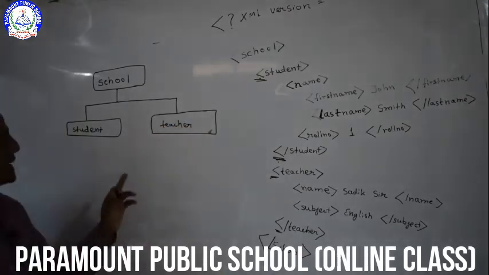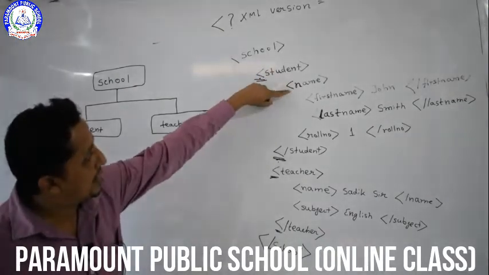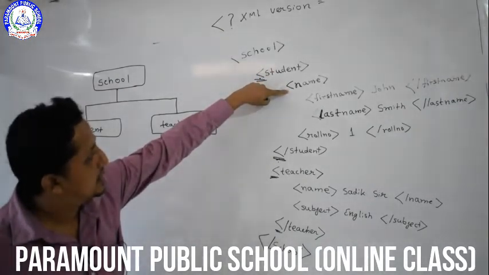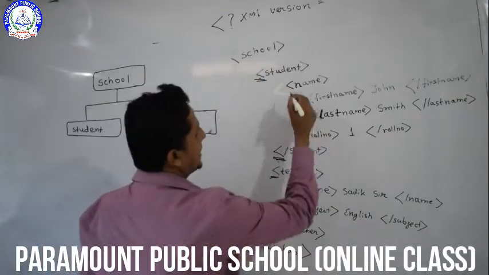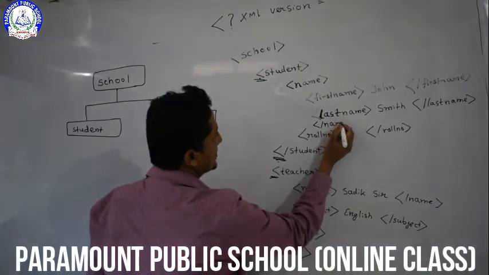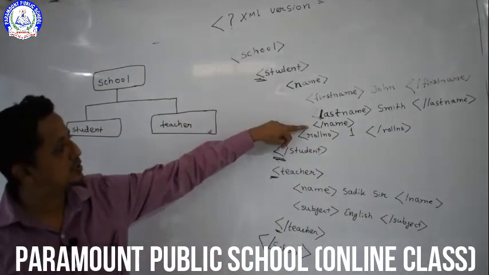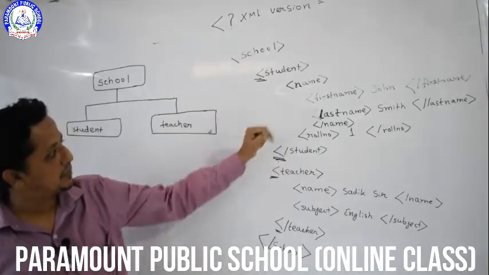Now, is there any child of student? Yes, the student contains two children. You can see here that I have made one mistake. Here I have not closed this name. Yes, there was a little mistake. I have not closed the name tag. From here you can see.